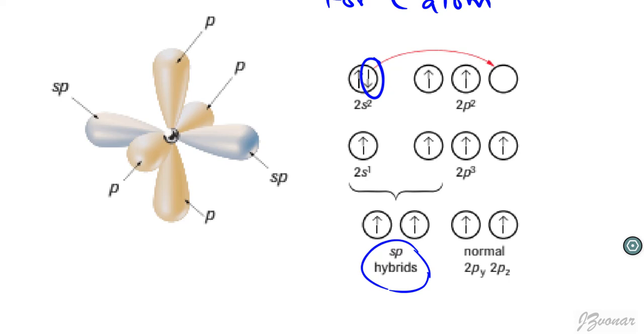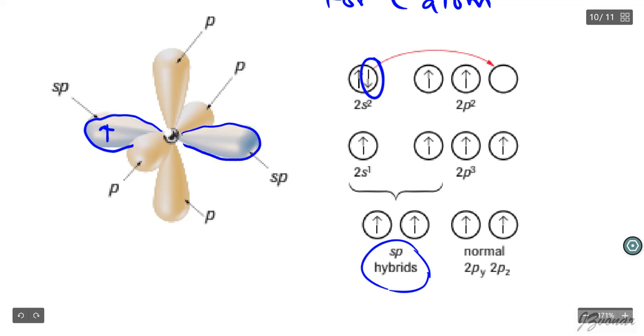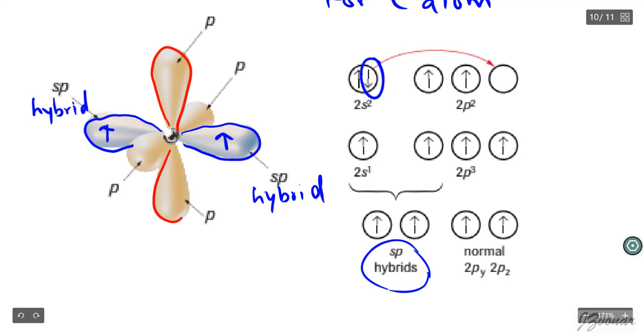All right, so this shows the 3-dimensional diagram of what it looks like. This one here of carbon has 1 electron. This sp hybrid also has an electron, so this is called an sp hybrid. And this side is also called an sp hybrid. As well, I've got one along the y plane that has 1 electron.